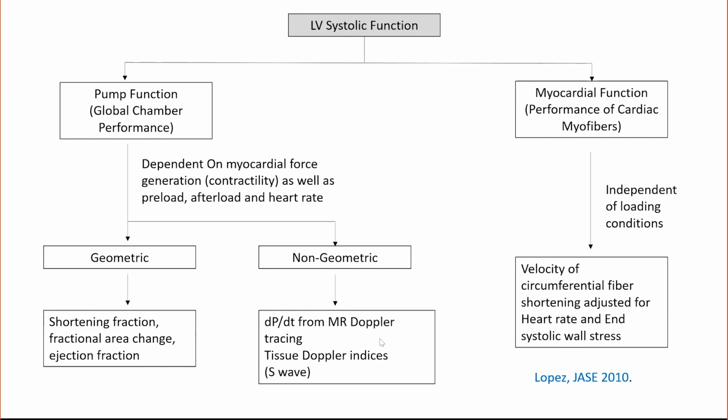This is by Doppler. So you see the mitral regurgitation Doppler tracing, and then see the time it takes for the speed to go up from 1 meter per second to 2 meters per second, and that's dP/dT. In adults, less than 1,000 is considered a depressed function. Normal is more than 1,200. And then there are tissue Doppler indices like the S wave.